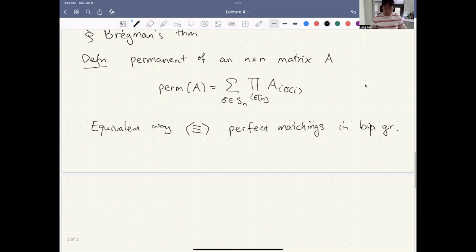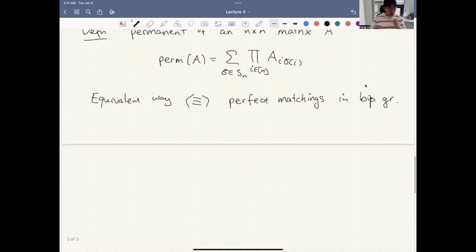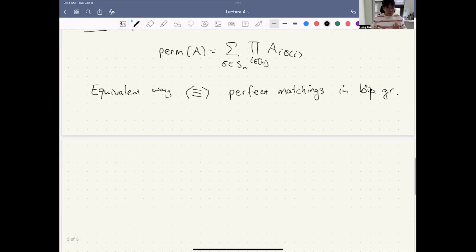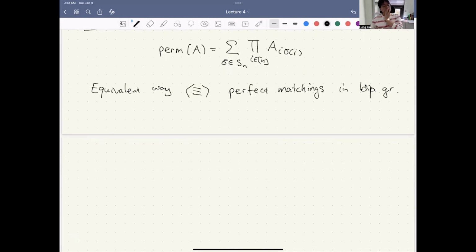Okay, so how do we do that? Let me show an example. Let's see this very special 5 by 5 matrix, a small example.